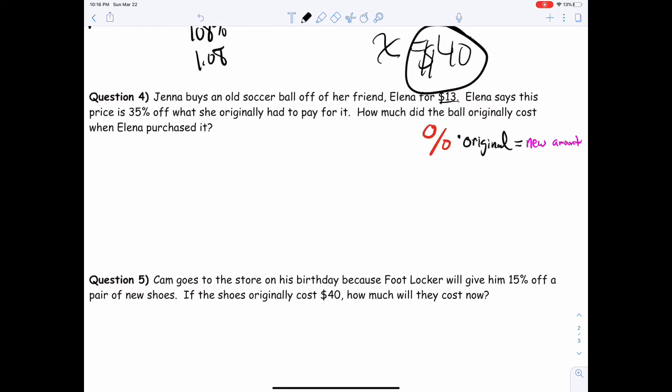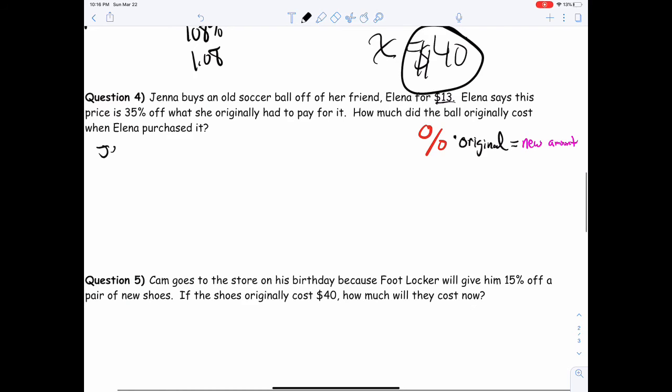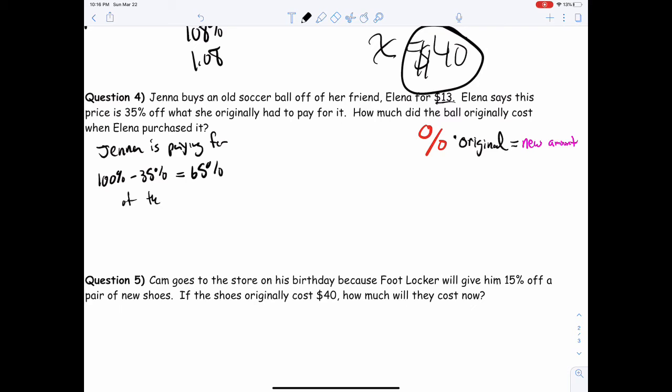So Jenna's getting 35% off, which really means that Jenna is paying for 100% minus 35%. Jenna is paying for 65% of the original cost.